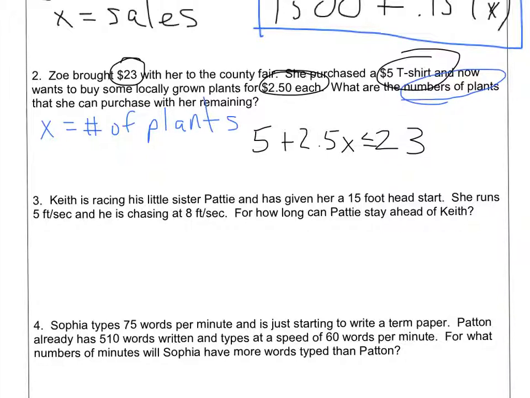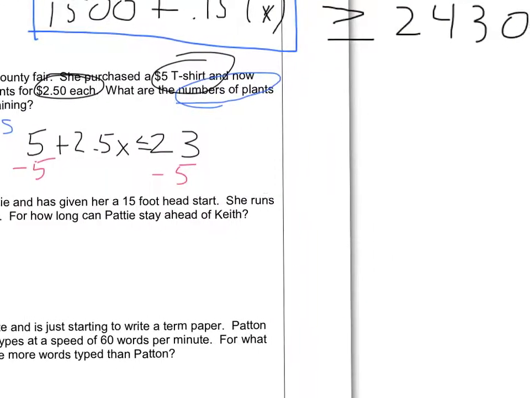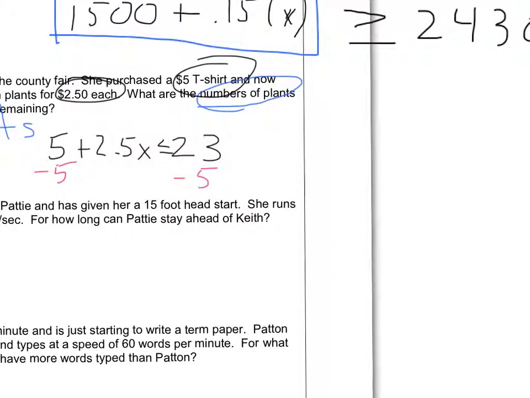She has $5 she spends on a t-shirt plus the $2.50 per plant has to be less than or equal to 23. If we subtract 5 from both sides, we now have 2.5x less than or equal to 18.